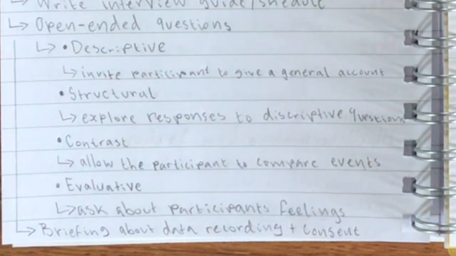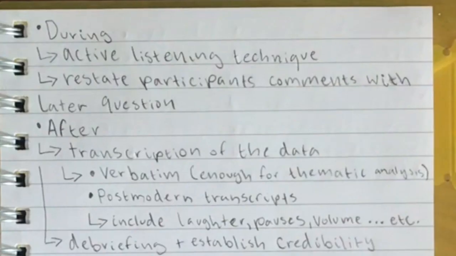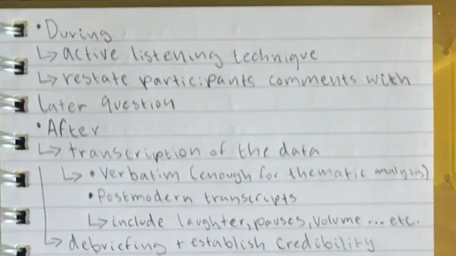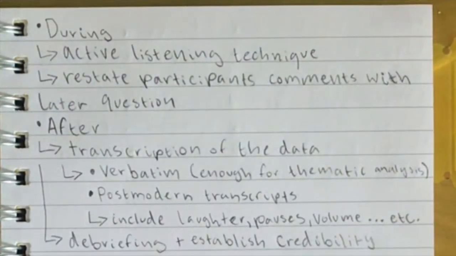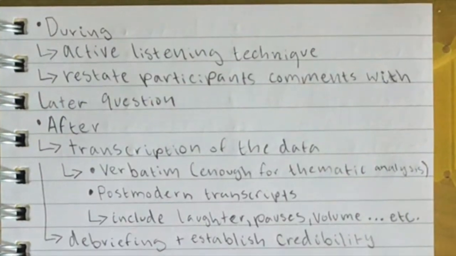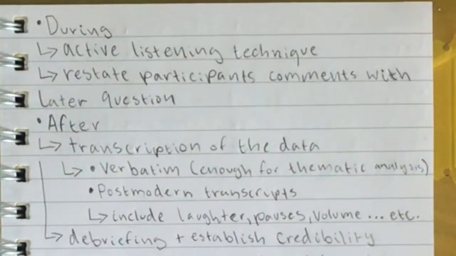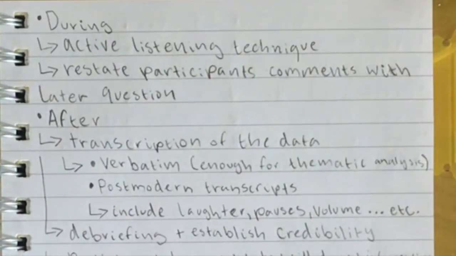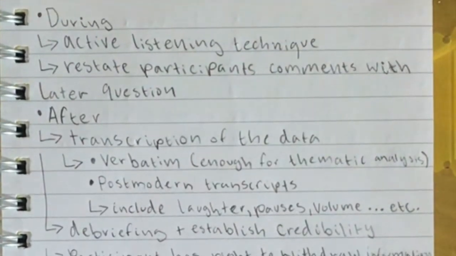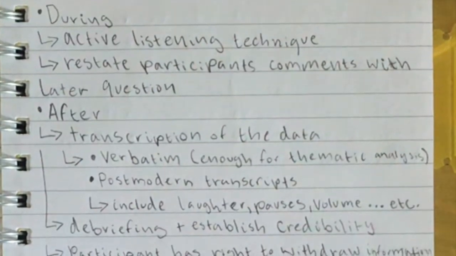Now, during an interview, it is important to use an active listening technique. This means that you are restating participants' comments within later questions. So this shows the participant that you are indeed listening and that you care about what they feel, and it will build a good relationship between the interviewer and interviewee.